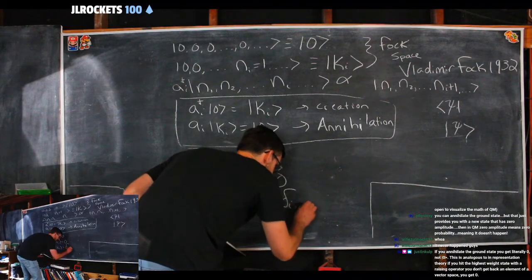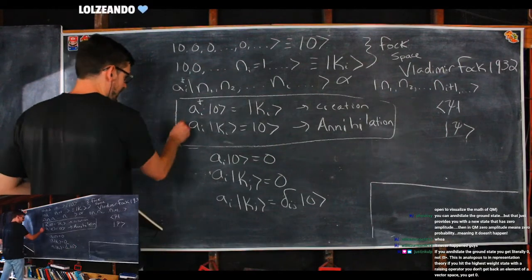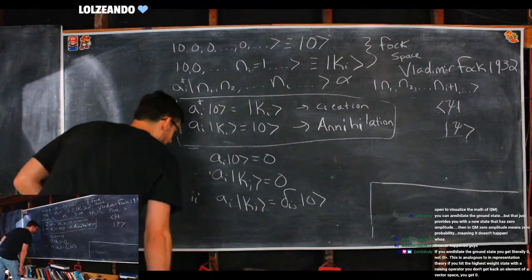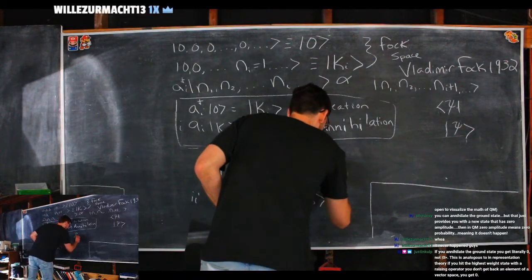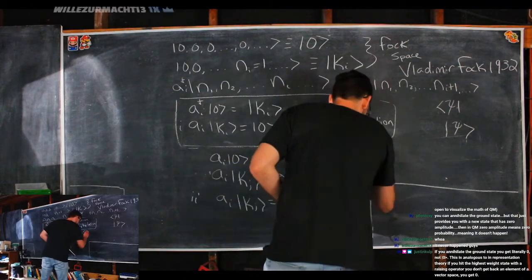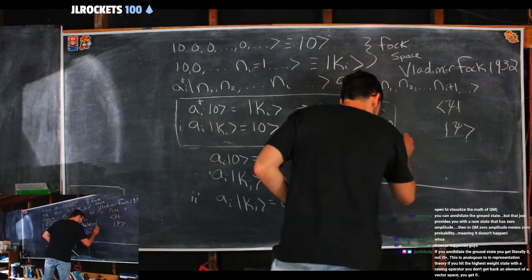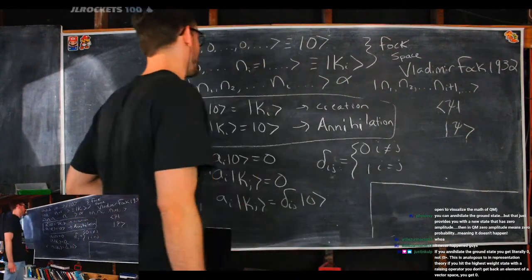Now, if you don't know what the delta function is, it's the combination of this right here, i and j. It basically means Dirac Delta is equal to 0 when i is not equal to j, and 1 when i is equal to j. So remember, i's and j's are indexes.